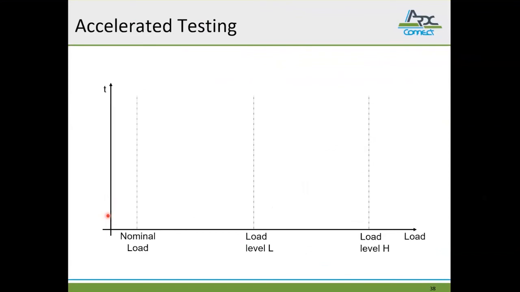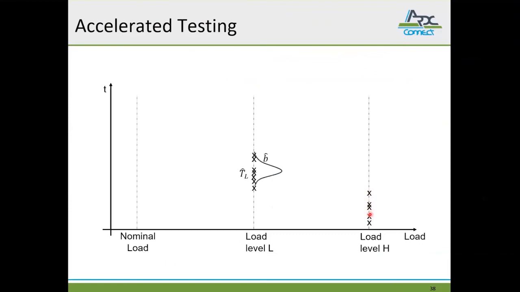Here's the basis of the accelerated test, how this works in the approach. First of all, we generate virtual failure times at the lower accelerated load level, which is shown here. Then we do the same at the higher accelerated load level. That's why we need the prior information, the Weibull information, and the lifetime model information.